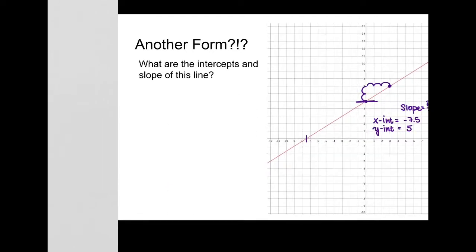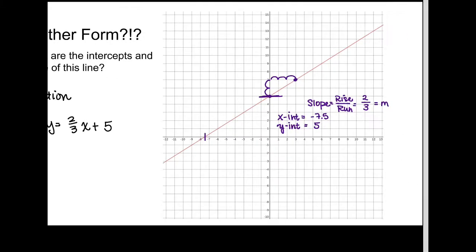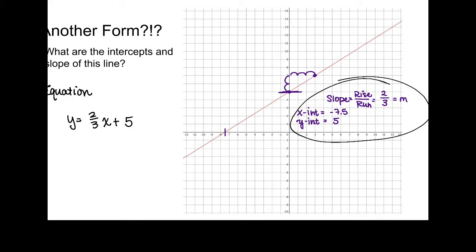Now, what if I told you that the equation of this line is y equals 2/3 x plus 5? So I'm going to ask you to look at the values that we just came up with, and then we're going to move on to trying another graph, and I want you to look for some patterns, which I'm going to purposely not say right now.